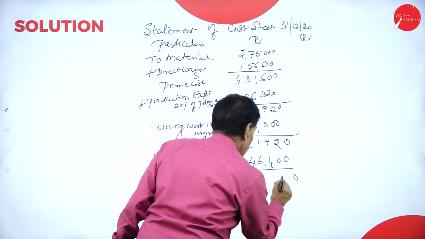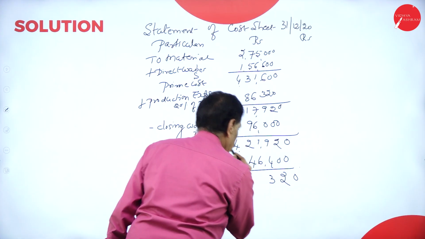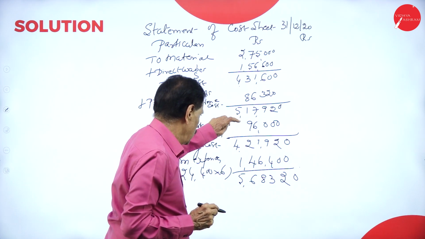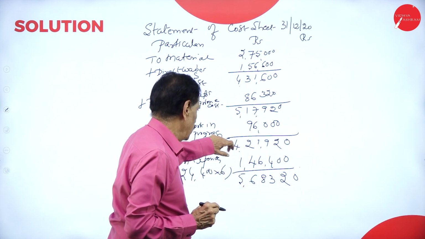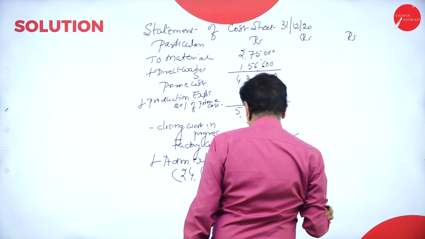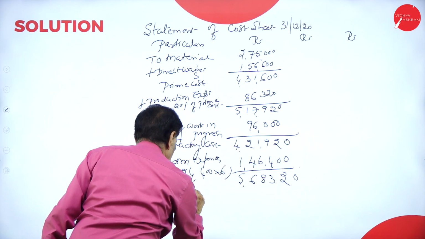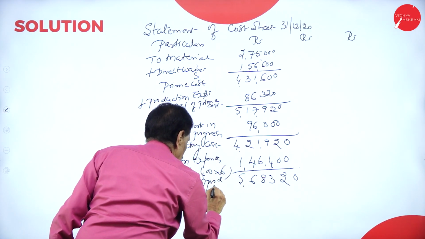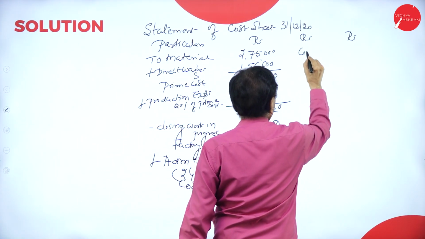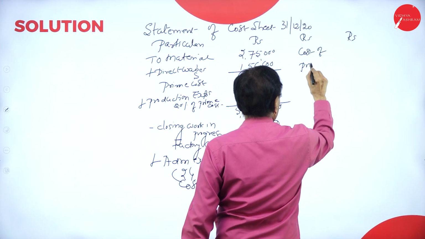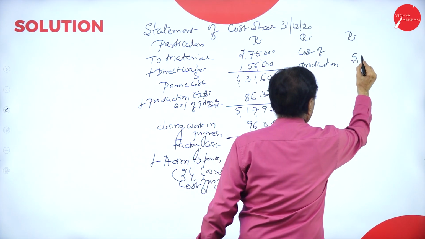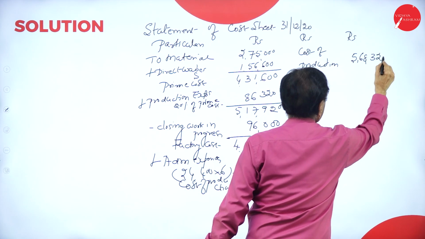Add, so it is the cost of production, 5,68,320.